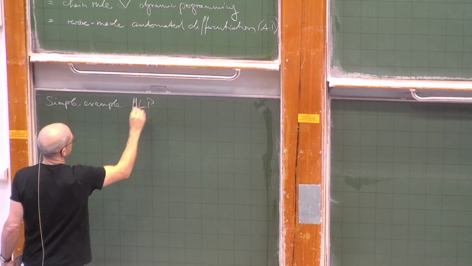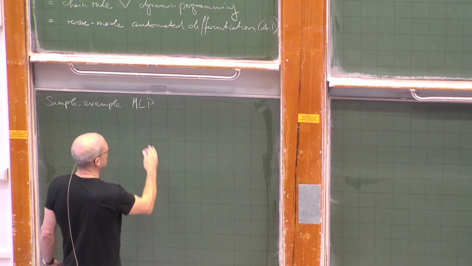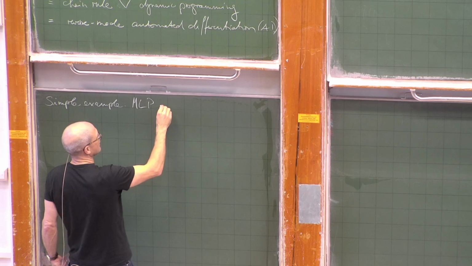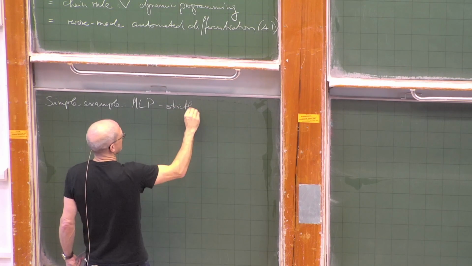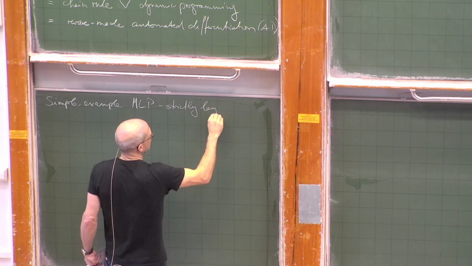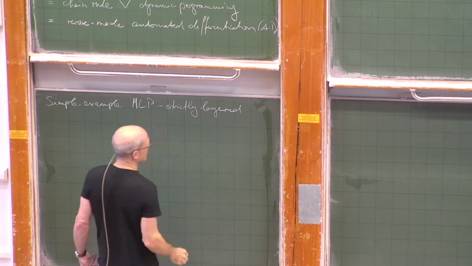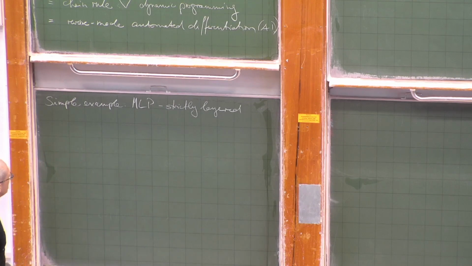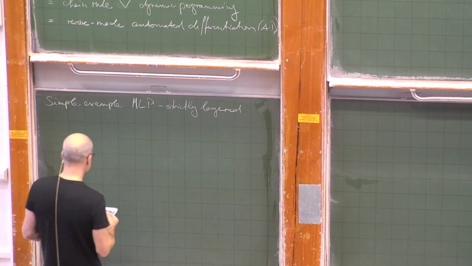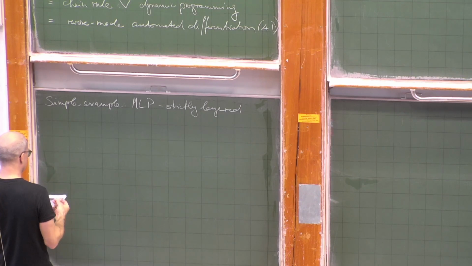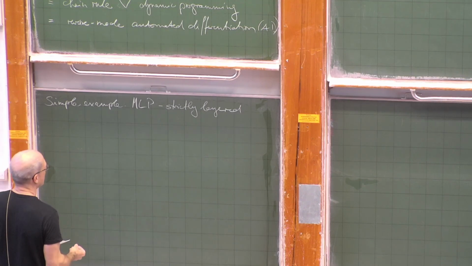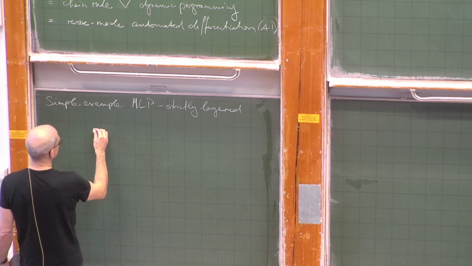A multi-layer perceptron, and in particular one which is strictly layered. So no skip connections, no fancy other parts. In particular, we can take a really tiny neural network.